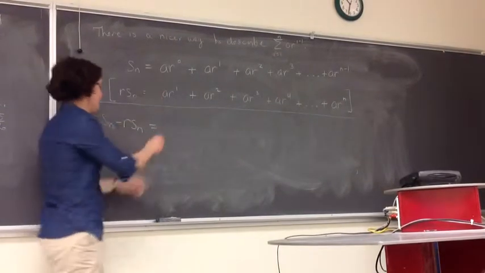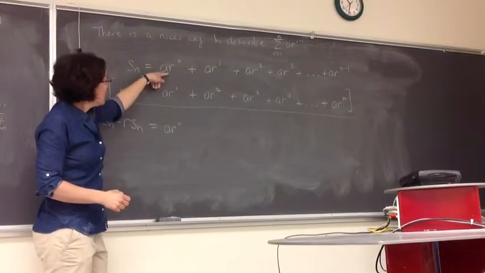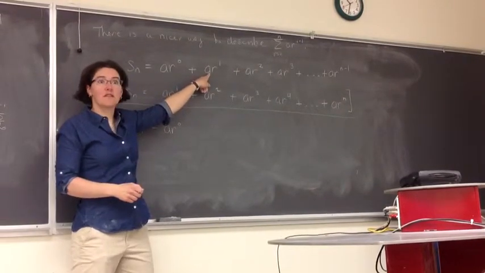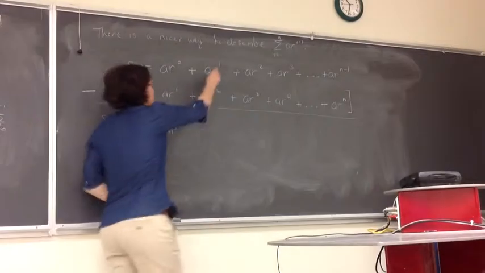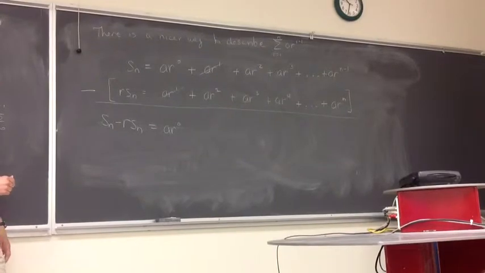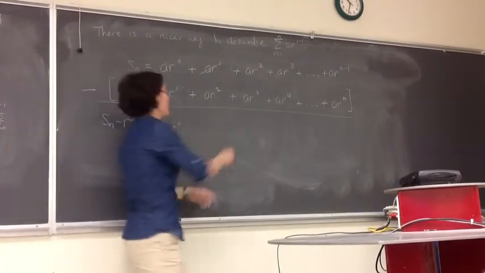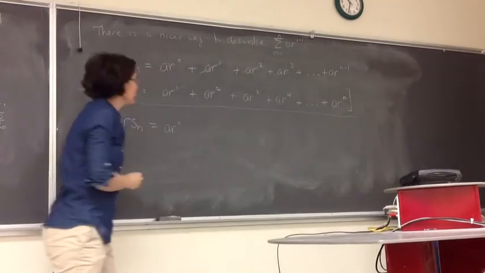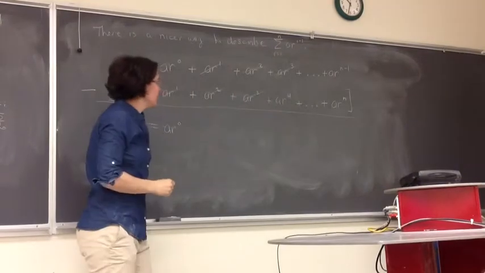All right, I've got AR to the 0, and then AR to the first. Oh, look. I've got an AR to the first down here, and I'm subtracting it off, so these guys are going to cancel. Bam, gone. And I've got an AR squared minus an AR squared. Bam, these guys are gone. And an AR to the third, they're gone.